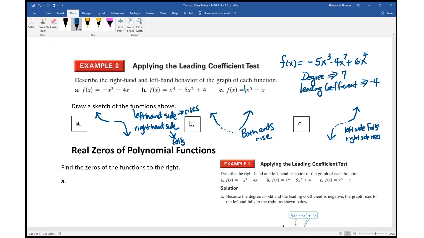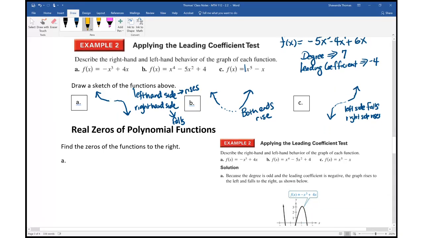Since that is an odd degree polynomial, it will act like the cubic function, but it will flip, right, because of that negative leading coefficient. So for this problem, it'll be rising on the left and falling on the right.